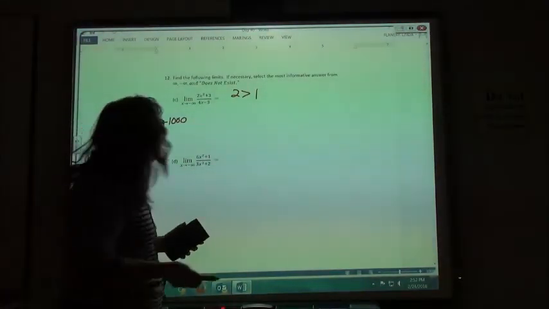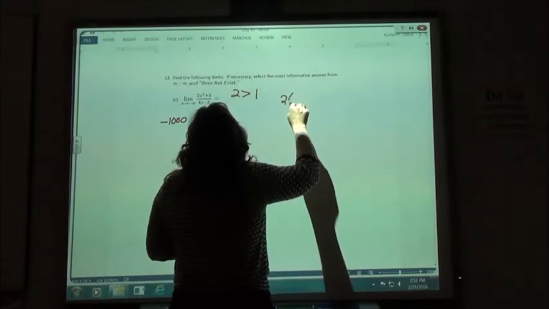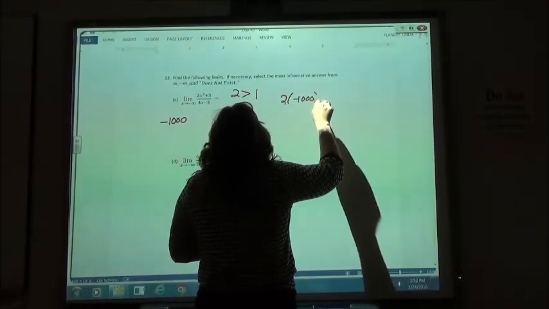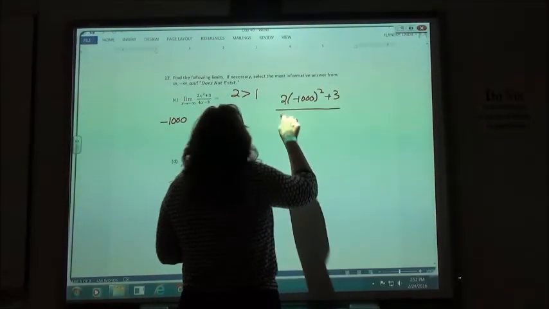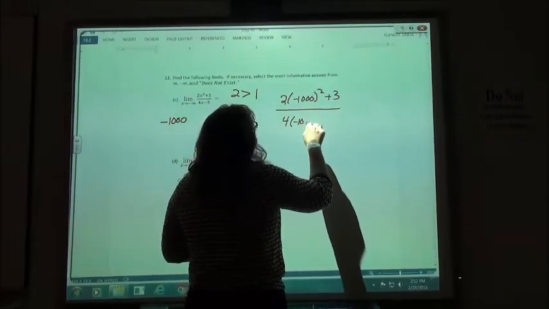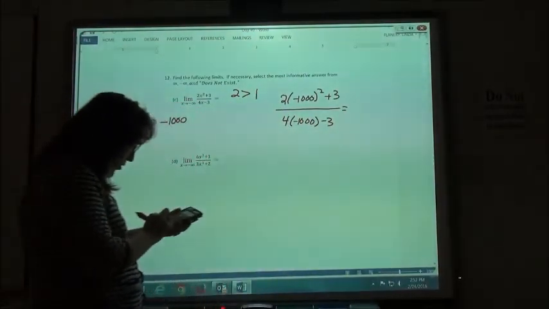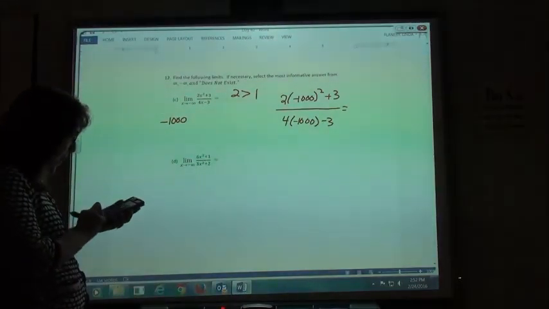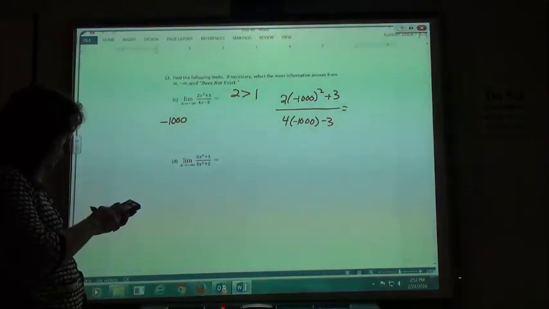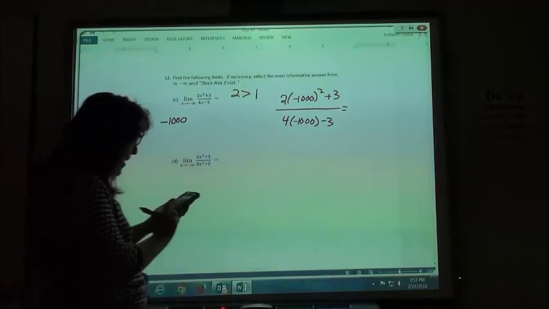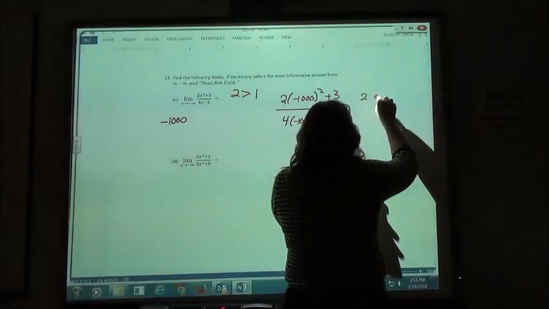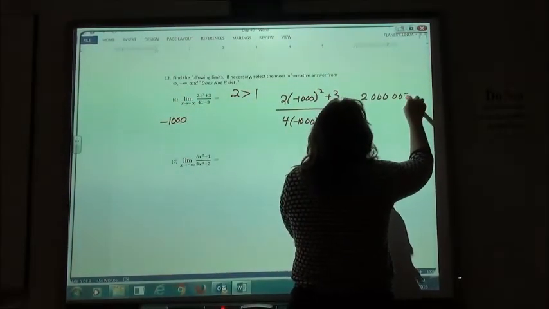So I picked 1,000. So I'm going to do 2 times negative 1,000 squared plus 3, over 4 times negative 1,000 minus 3. So 2 times negative 1,000 squared plus 3 gives me 2,000,003.